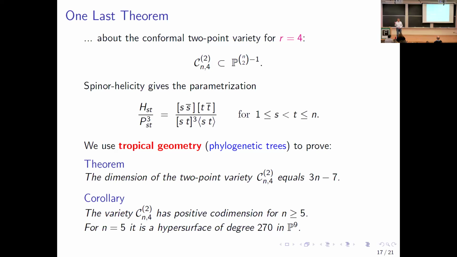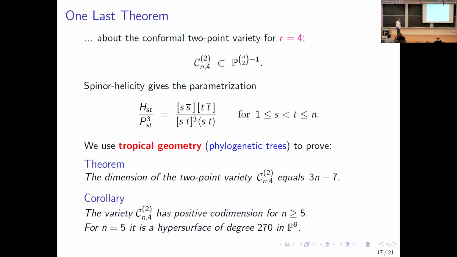Monomial maps tropicalize very gracefully. A monomial map just becomes multiplication becomes addition. So the tropicalization of this monomial map is a linear map. So what we do is we take the space of trees and we just apply this linear map. The image is a polyhedral fan, and you can compute its dimension, its degree, and everything you do in tropical geometry.